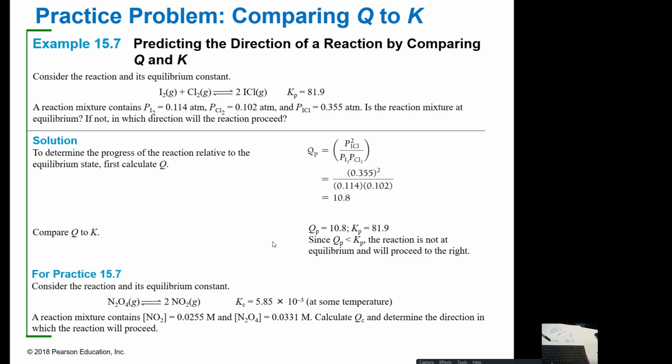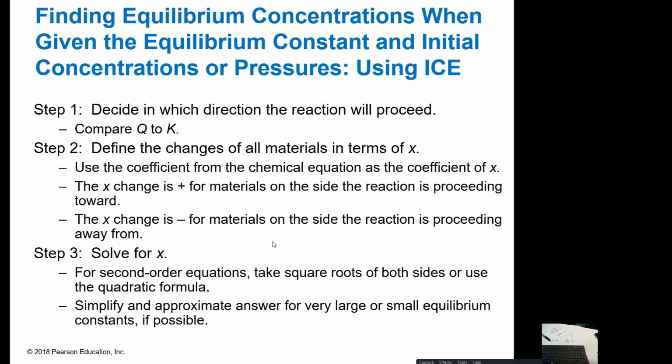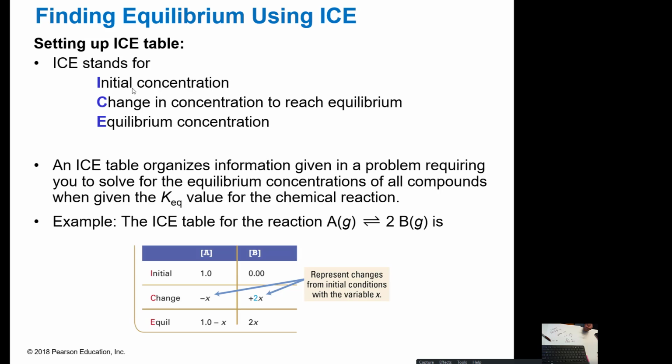Okay. So finding the equilibrium constant, how we do it: first you have to find which direction it will proceed, Q to K, and then you make the ICE format, and then you can solve for x. So initial, change, equilibrium.